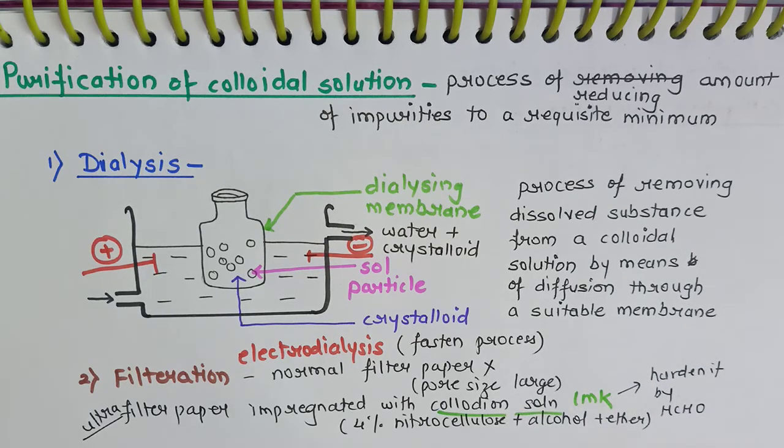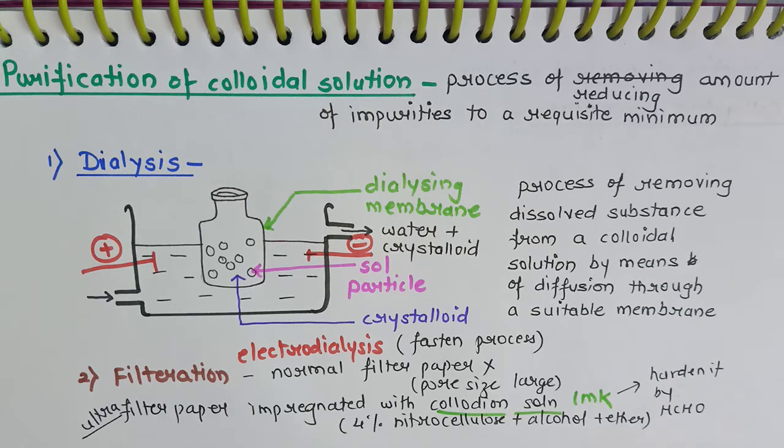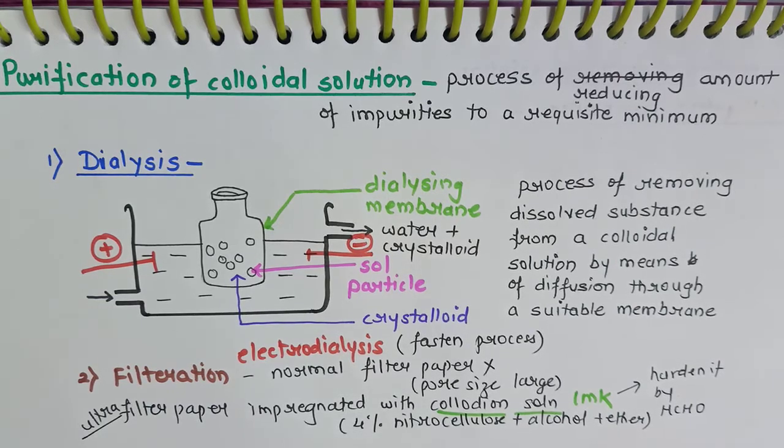Such filter paper can easily be used for filtering colloidal solution. When we filter colloidal solution by using this filter paper, then the impurities will be removed, and on the filter paper pure colloidal sol will be left out. That colloidal sol can be mixed with dispersion medium and we can get the sol. So that was about the purification of colloidal solution.